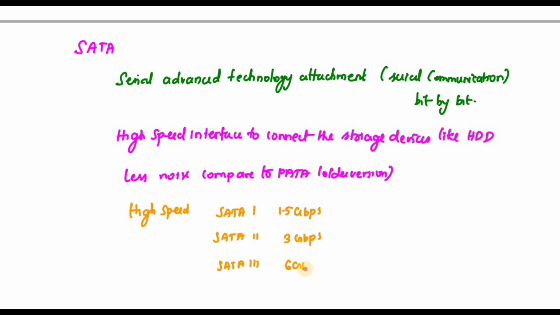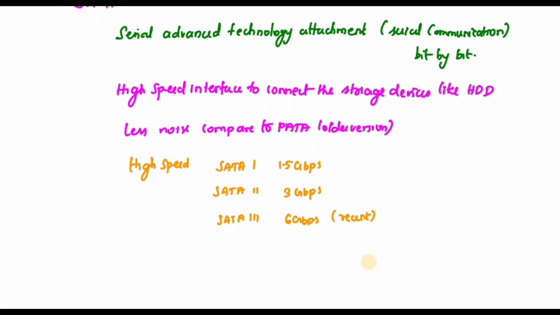The SATA controller controls the communication between the CPU and the storage devices. We can remove and connect it even when the power is off with the help of the OS. And it consumes much less power compared to PATA.